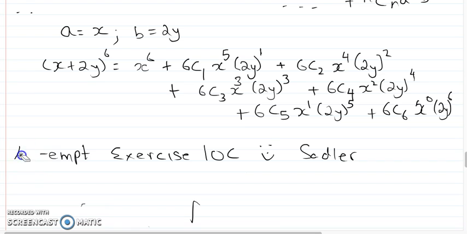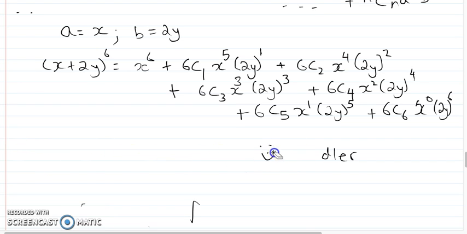Now, what do we do after this? The fun part starts now. Now, to solve this question further, first let's write the first term. We already know the first term. It's really simple. It's x power 6. The second term would be 6C1, which is 6 factorial over 5 factorial over 1 factorial.